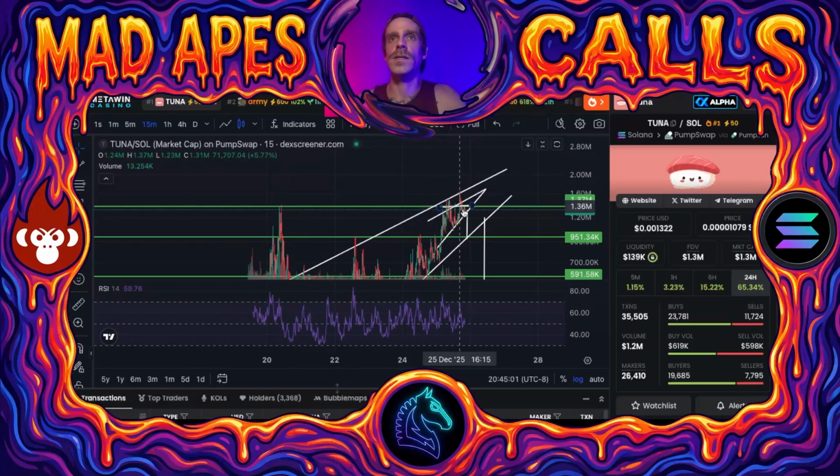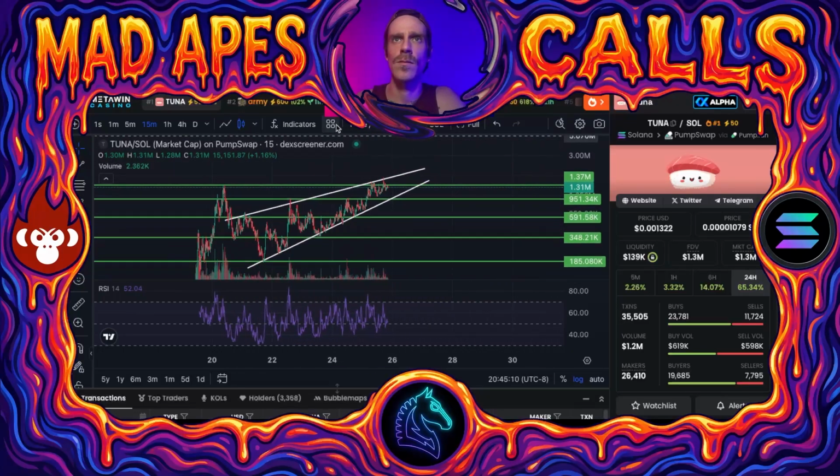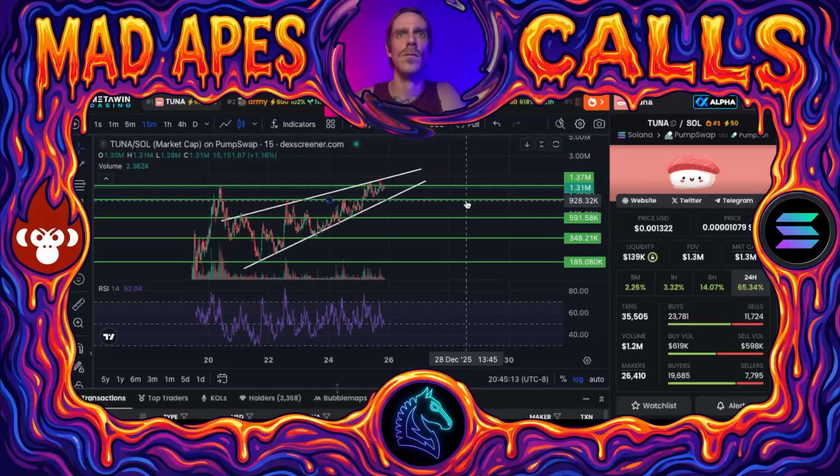Okay, I'm going to remove all this stuff and look at it with fresh eyes. Technically we could have a cup and handle breakout already here that I'm seeing, earlier on in the structure.